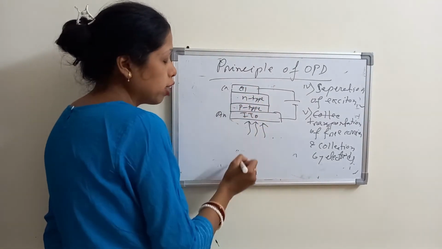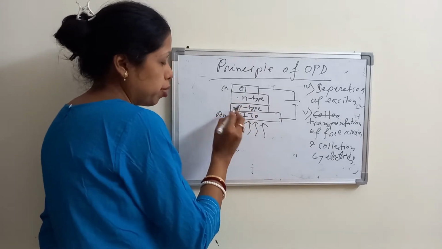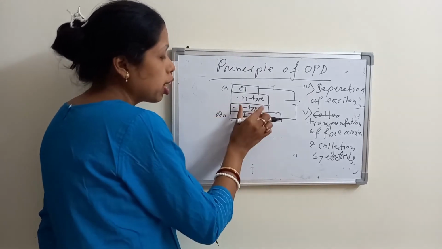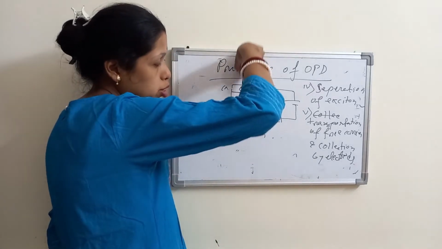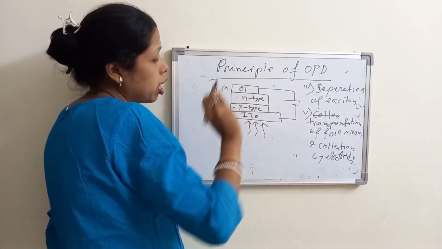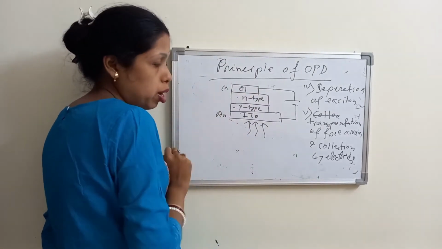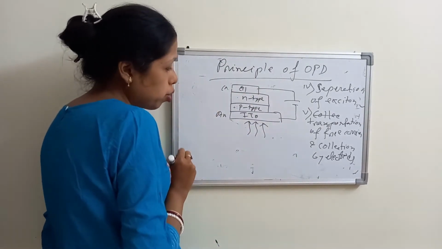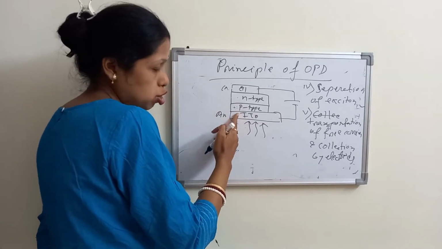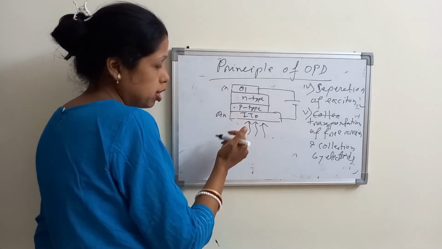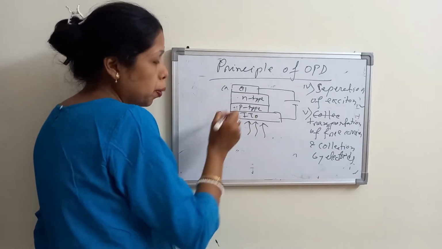So mainly the absorption is related with the p-type layer as compared to the n-type layer. The aluminum is a metallic layer, right? So the exciton will not be generated in this layer. It will be generated in the p-type layer.